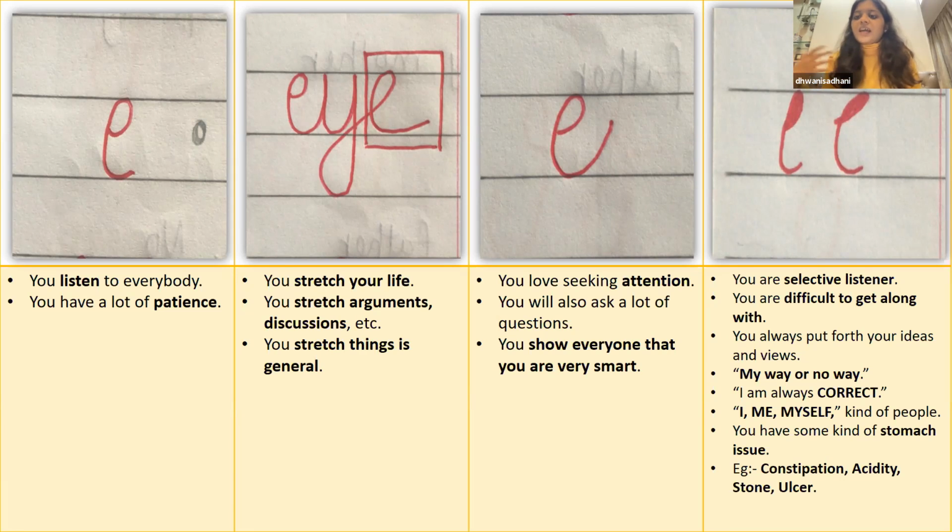You're going to stretch your life in general. You're going to stretch every topic. You're going to stretch every relationship. Even if a relationship is supposed to end, you will still stretch it. If a fight is supposed to end, you will stretch it. If an argument, you could have ended it, but you will still stretch it. So people who stretch their E are going to stretch their life and stretch everything else in life.